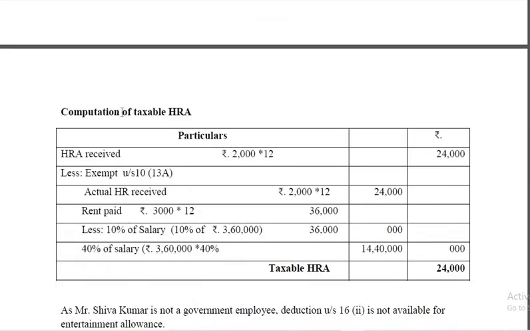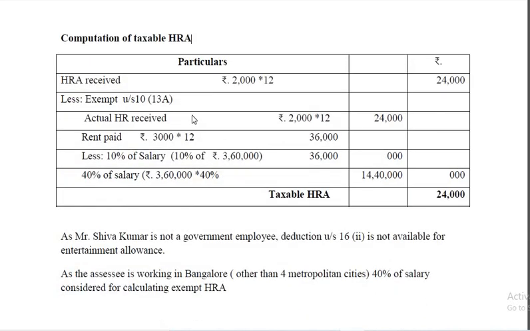Now what is the taxable HRA? HRA received is 2,000 into 12, 24,000. And the exemption is like that. Rent paid, say 36,000, over 10% of salary. Salary means only basic in this problem. So 36,000. Here 10% of salary is also 36,000.